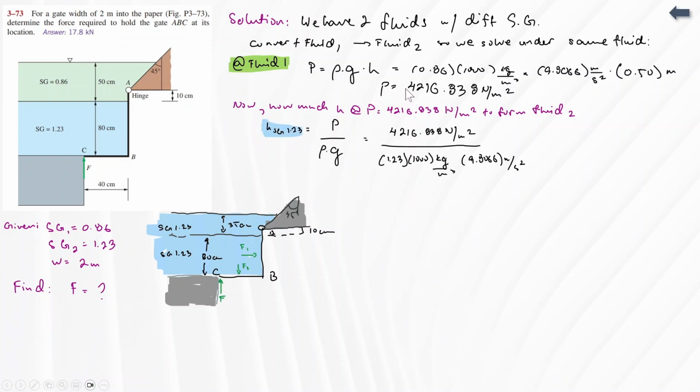So we gotta equate pressure here, and then to get the height at the specific gravity of 1.23. So it's gonna be 4,260.838 Newton per meter squared divided by density ng fluid na to, which is 1.23 times 1,000 times 9.8066. And the height is about 0.35 meters or 0.35 centimeters.